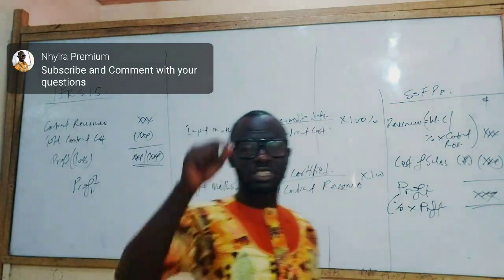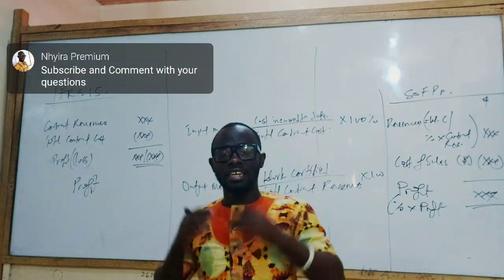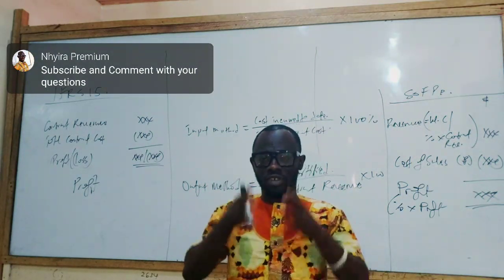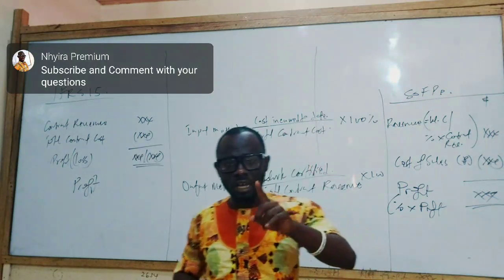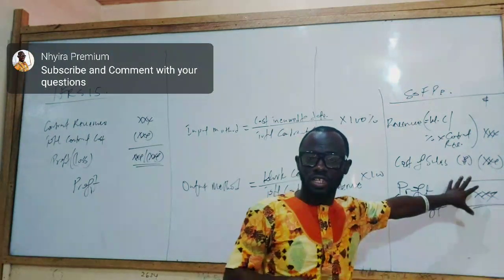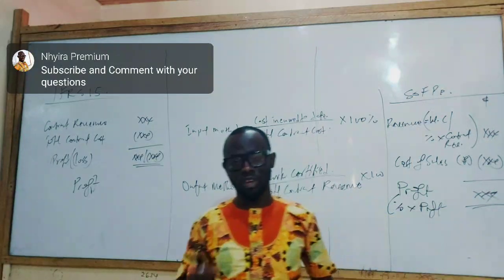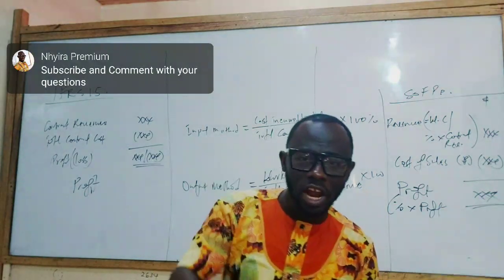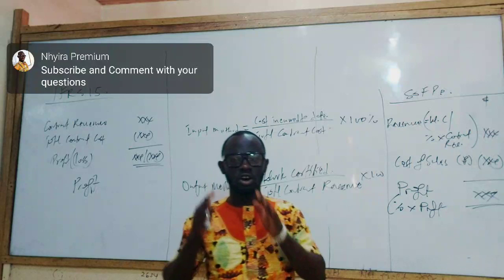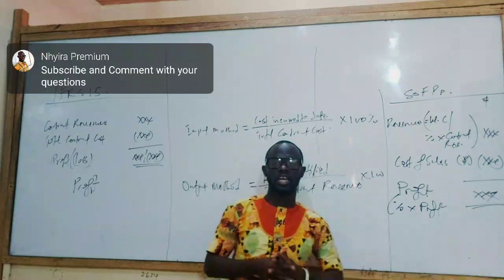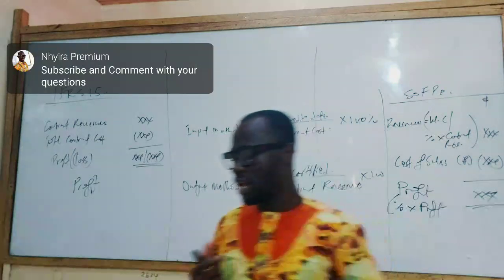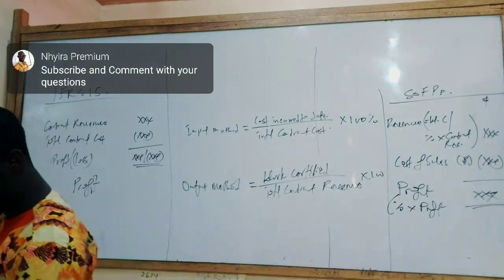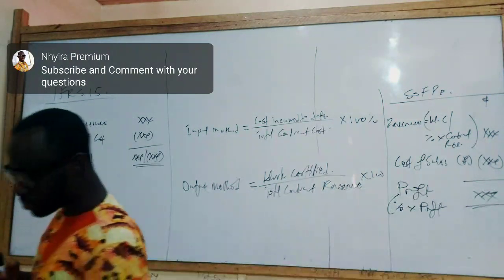If we get a loss, the standard states that the loss should be written off in the current year under consideration. If it is a profit, you will take a percentage of it and recognize it in the statement of financial performance. But if you made a loss, the whole loss will be written off in the current year under consideration. So that is a principle you must understand in relation to dealing with an issue like that.